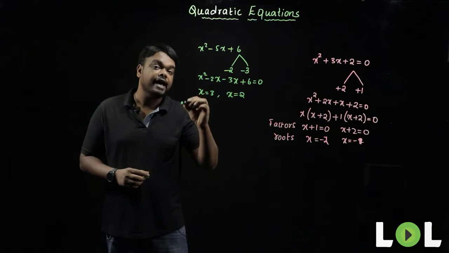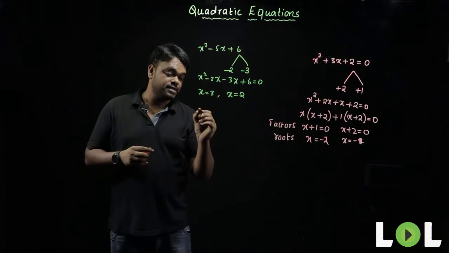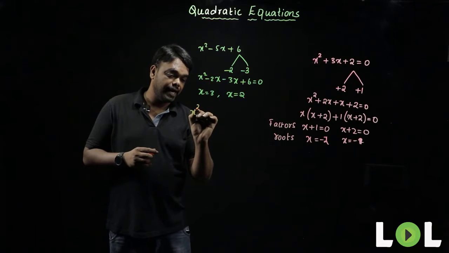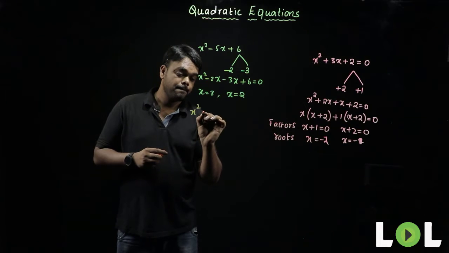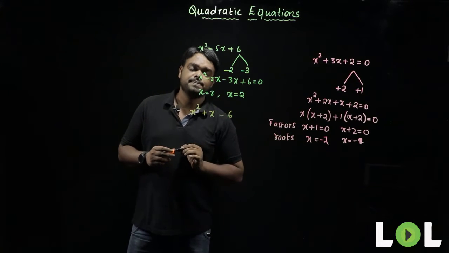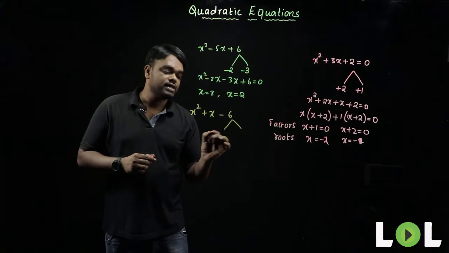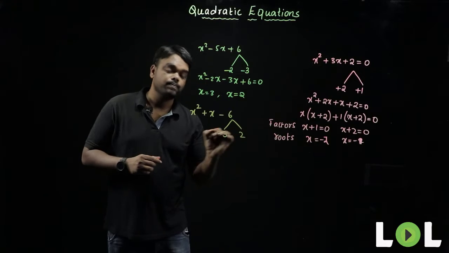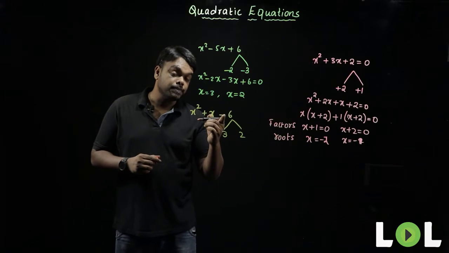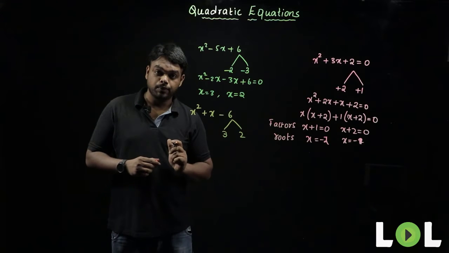Now let us look at another equation. Suppose the equation is this, x square plus x minus 6. What is happening? Again, we shall take 3 into 2, 6. Product must be negative this time. It means one of the numbers must be negative.